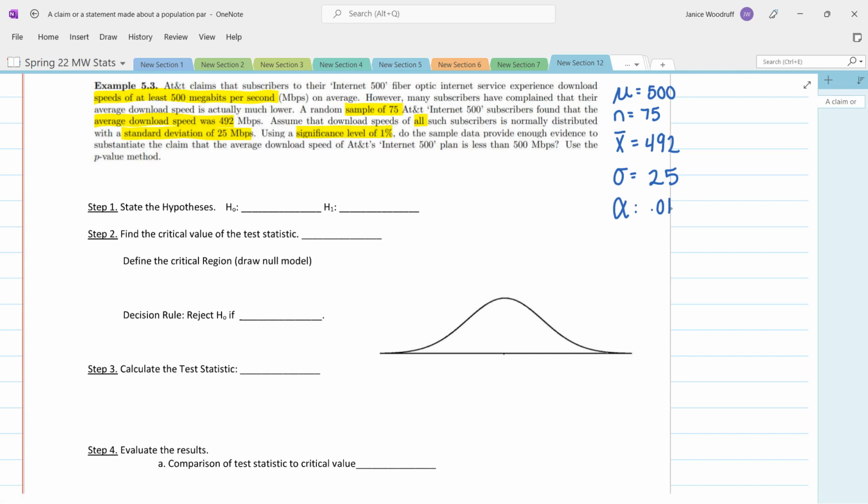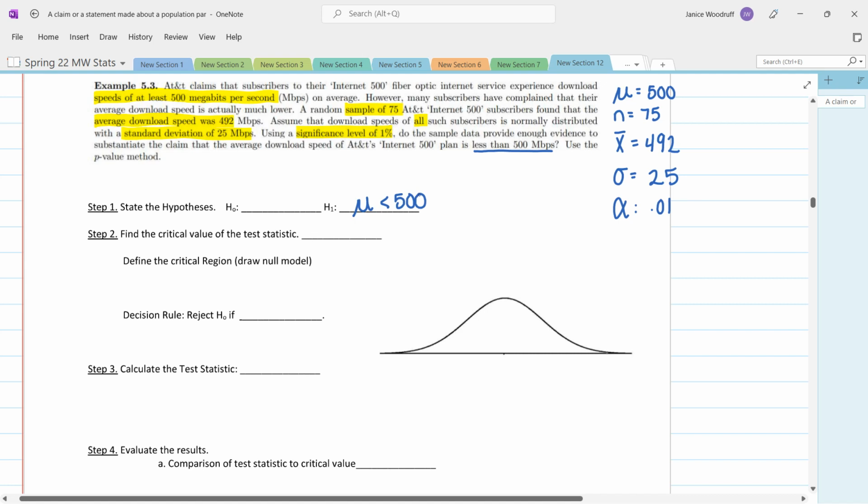Okay, the question at the end, is there enough evidence to substantiate the claim that the download speed is less than 500? That's the alternative. So the alternative is that the mean is less than 500, which means the null is that the mean is greater than or equal to 500.